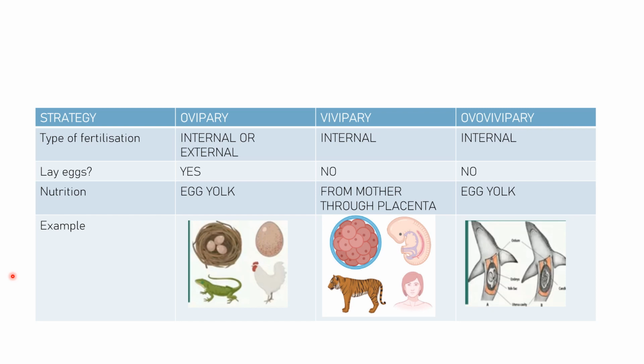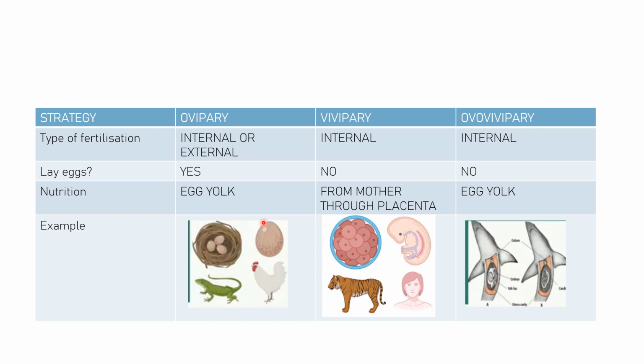Right, so let's look at the type of fertilization in oviparity, viviparity, and ovoviviparity. So number one, the type of fertilization in oviparity can be internal or it can be external. Okay, so we can have internal or external fertilization in the oviparity reproductive strategy. Okay, so with viviparity, the fertilization is internal.